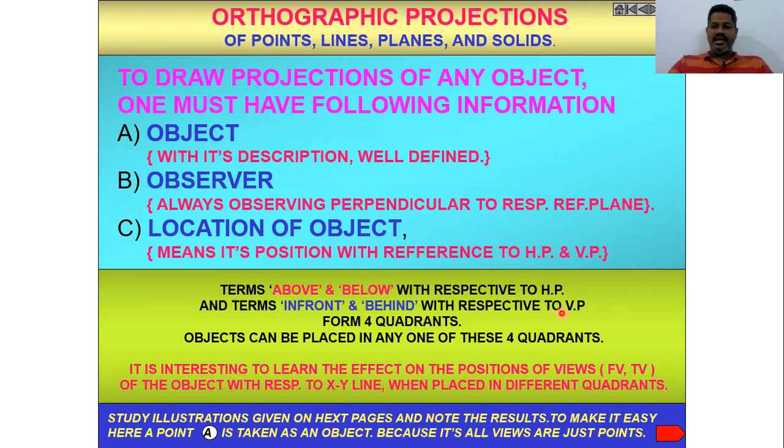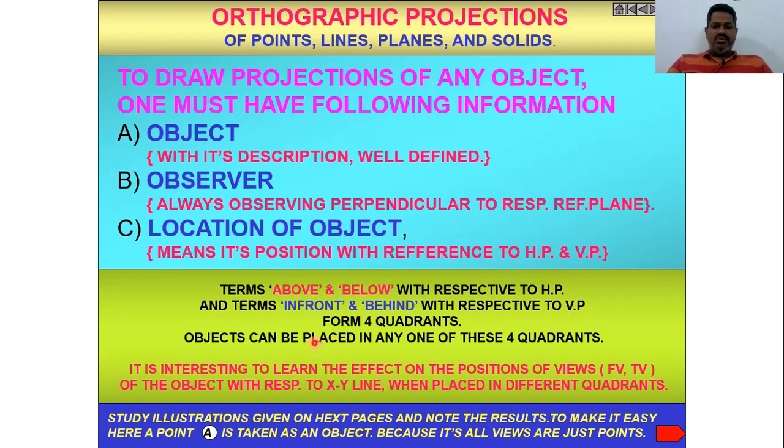Here HP means horizontal plane, VP means vertical plane. These are the terms that we are going to use in this slideshow: above and below with respect to HP, in front and behind with respect to VP.